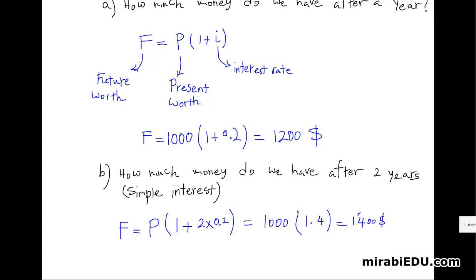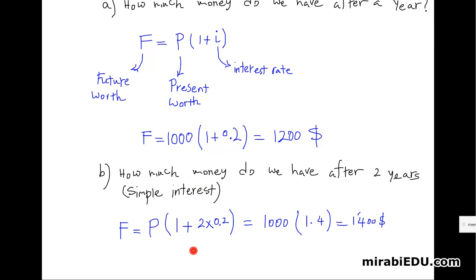Simple interest says the interest amount, or the profits you got from your initial amount of money, will not be considered for more interest. Is it clear?